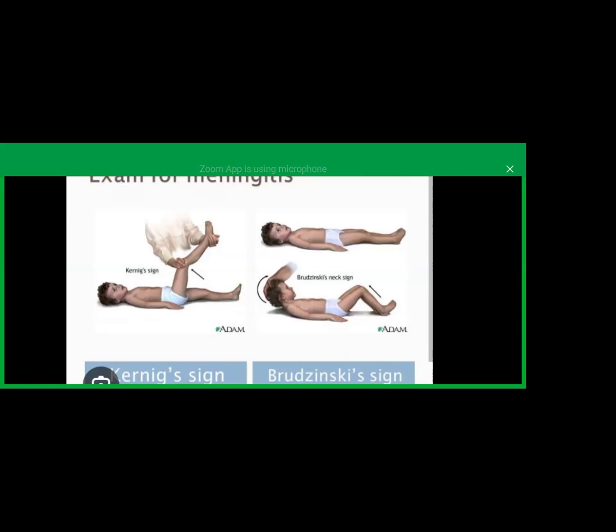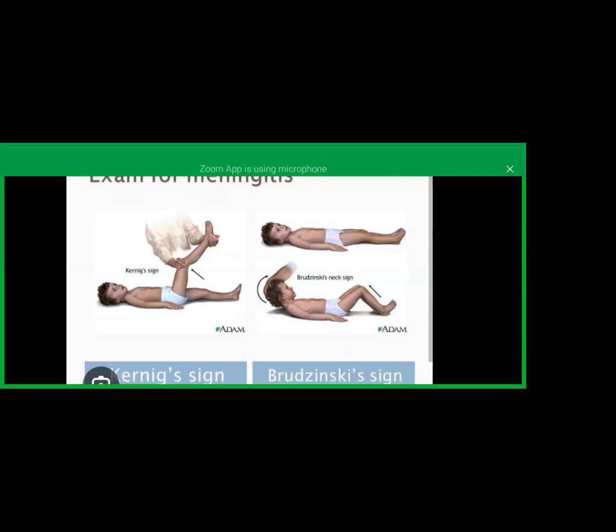So what is happening at this point is that when you try to flex this neck, the person is having irritation of the meninges, which is the covering of the brain and the spinal cord. The meningeal sheath is a soft sheet covering the brain and the spinal cord. During inflammation, or with blood irritating those meninges, if you try to flex the neck, you have more irritation of the meninges.